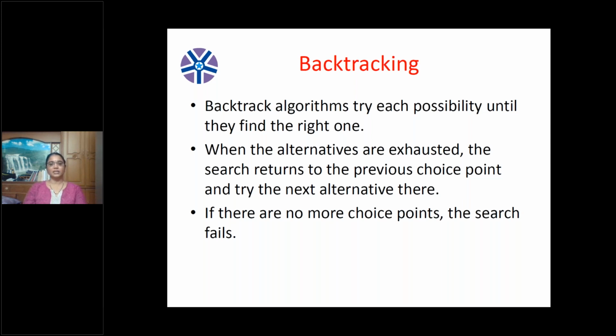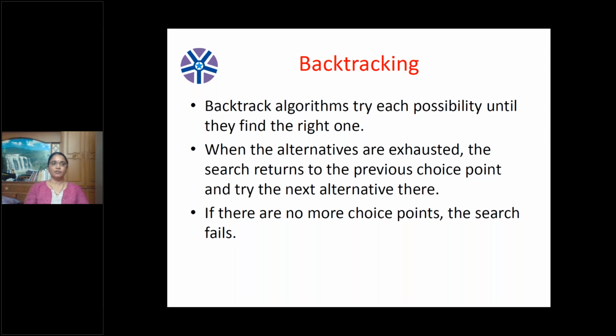Backtrack algorithms try each possibility until they find the right one. When the alternatives are exhausted, it means there are no more ways to reach the solution. Then the search returns to the previous choice point and tries the next alternative path. We'll go to the next path and find whether we are going to obtain the solution or not.